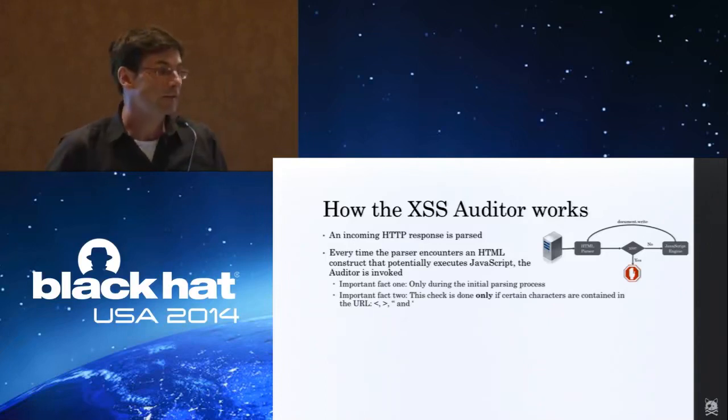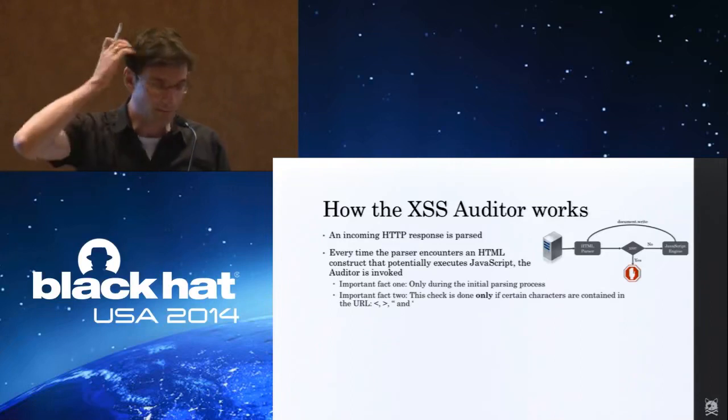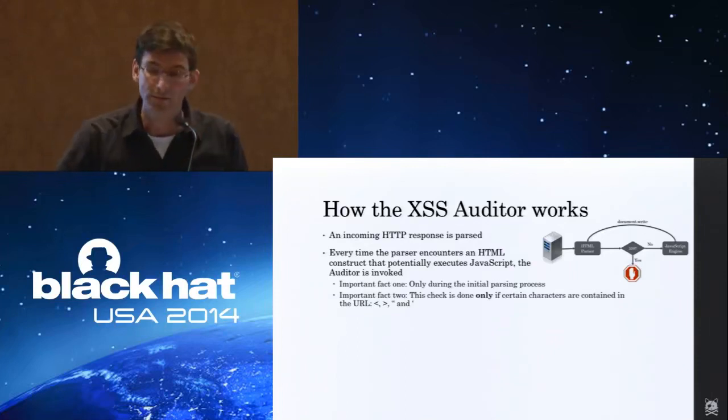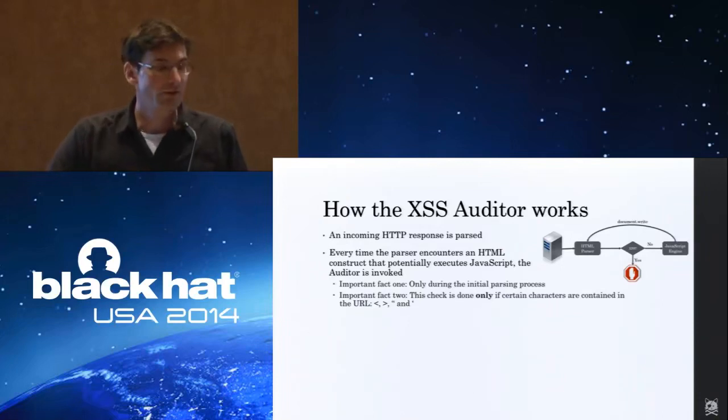The other important fact that you have to remember is the matching process, so the looking into the URL, if there might be the attack payload that is currently executed, only happens if in the URL, or in the post body for HTTP post requests, certain dangerous characters are included.